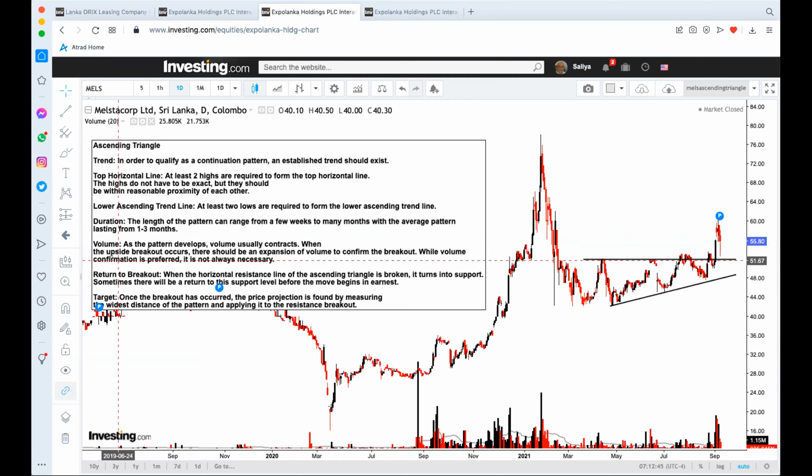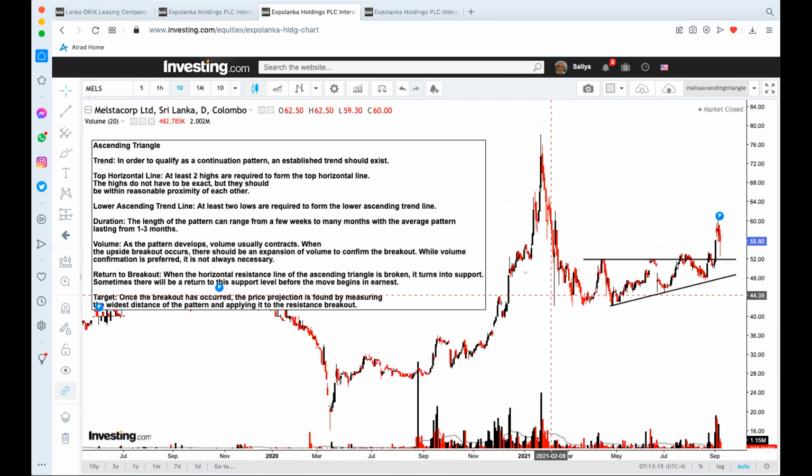The other thing is the volumes. Just like the previous symmetrical triangle, first the volumes. Now here, as you can see, I'm not using this range, but I'm only taking this area. Even though these volumes are not as high compared to this level, that is because of this impulsive, aggressive move here.